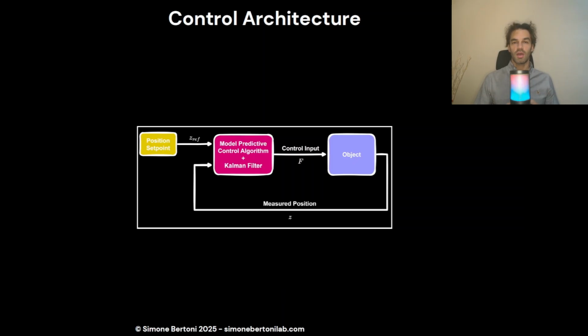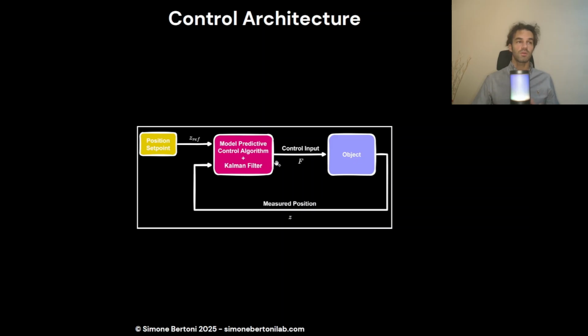So if you have to implement this on a real system, very likely you will not have all the state and you will need a state estimator. In MATLAB, you get the Kalman filter for free for the linear model predictive control. For the non-linear, we have to implement the Kalman filter separately, but that's a different story. In this case, we have it integrated.